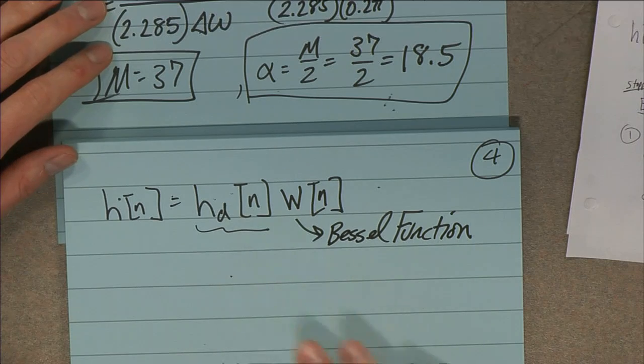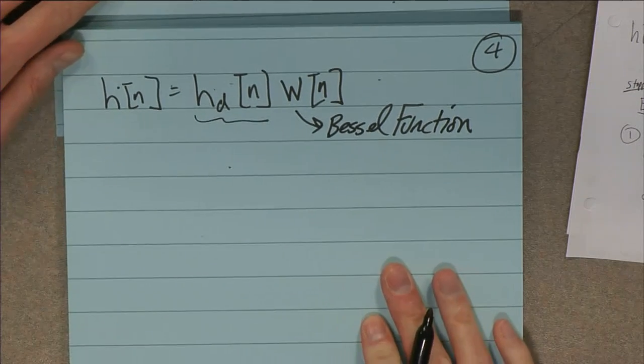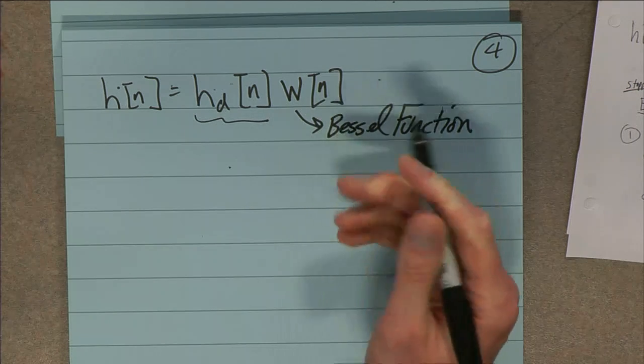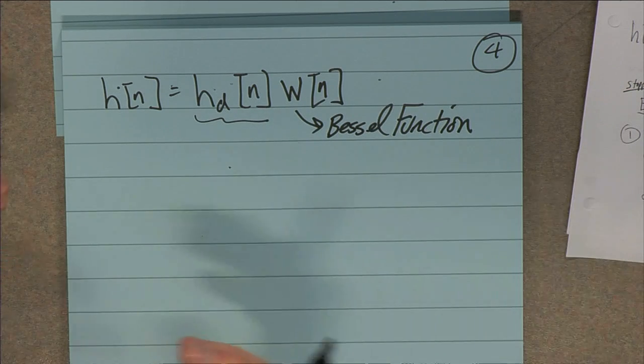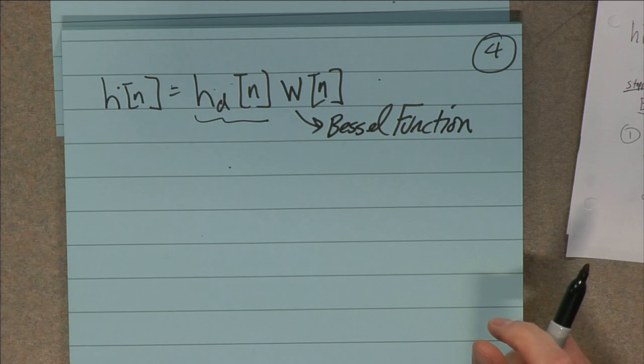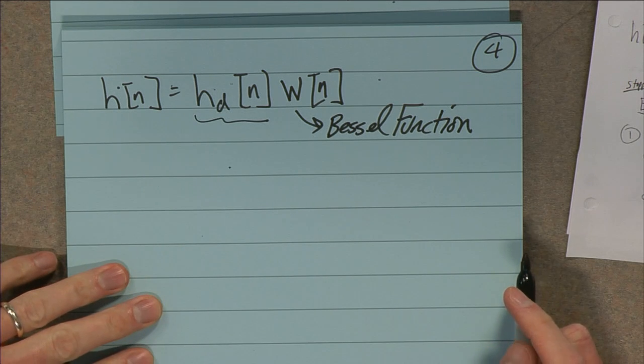And so we're going to multiply those together in MATLAB. So you end up with, surprise, an ideal thing with a window on it, weighting it, truncating it and putting a taper on it, which is kind of what we talked about last time.